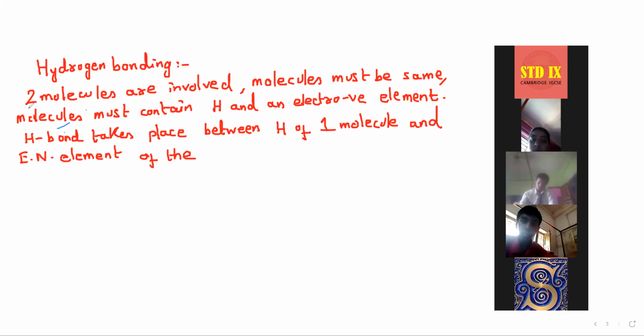Molecules must contain hydrogen and an electronegative element of the second molecule.